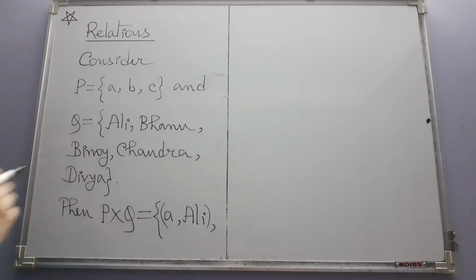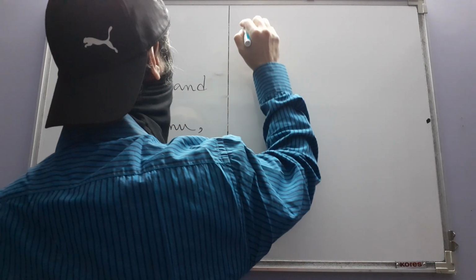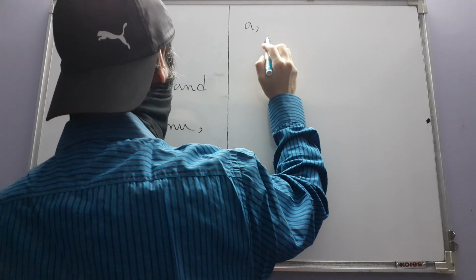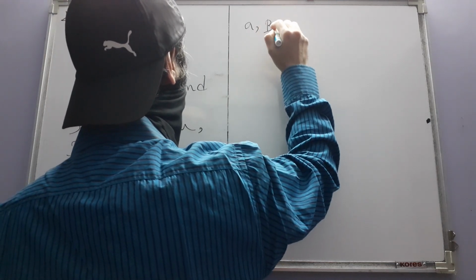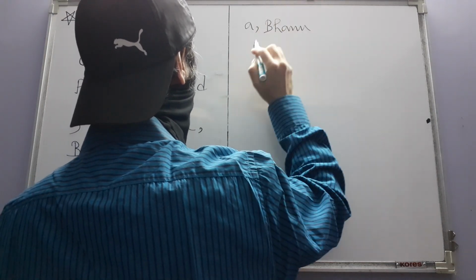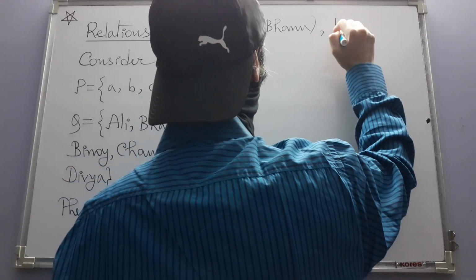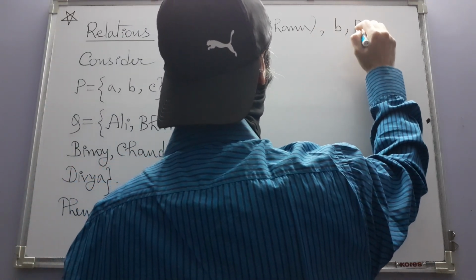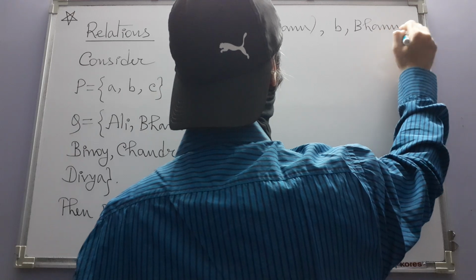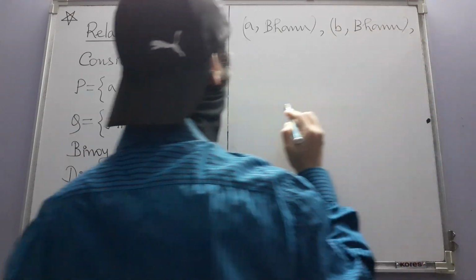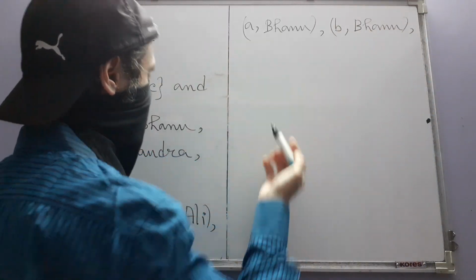Say with A we will have Ali, with A we will also have Bhanu, and say with B also we will have Bhanu, with C also you will have Bhanu.